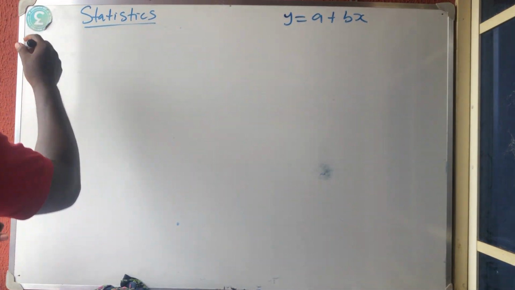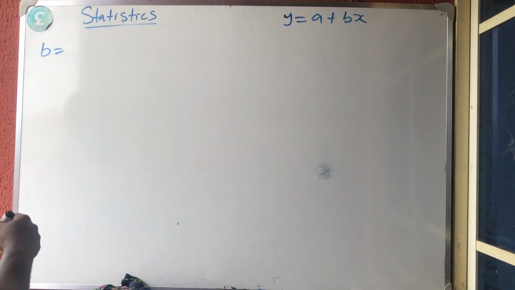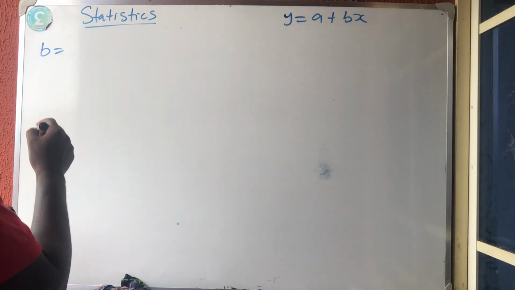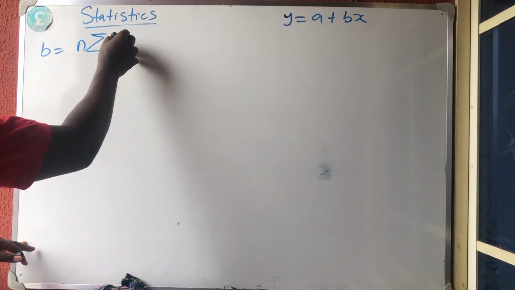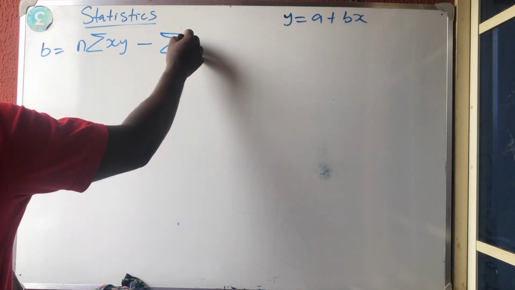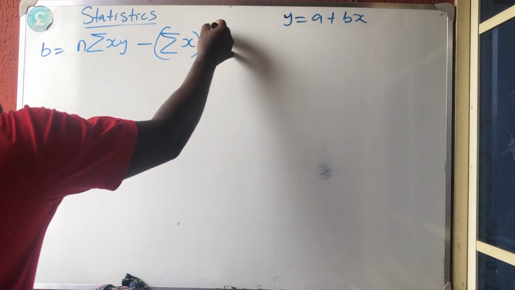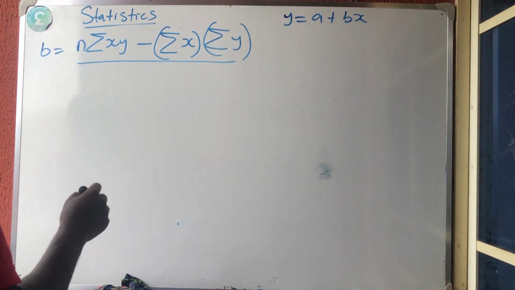Now if you want to get the slope, which is b, and you don't have the diagram, we use the other formula we know. The formula says n, the summation of xy, don't forget this formula, minus the summation of x times the summation of y, all over this.